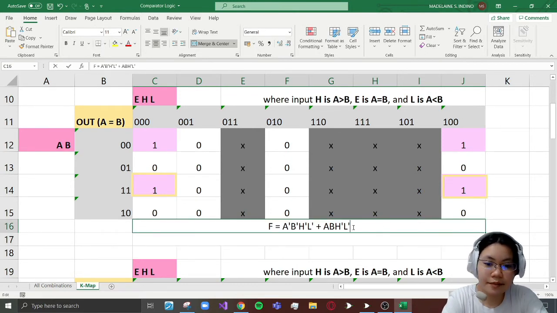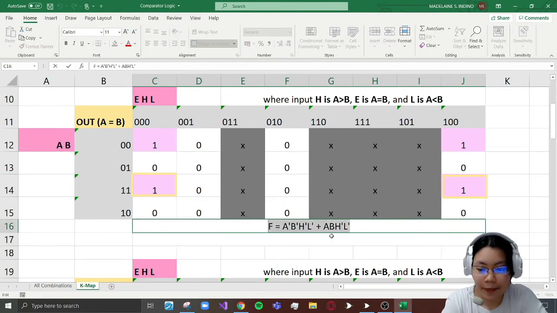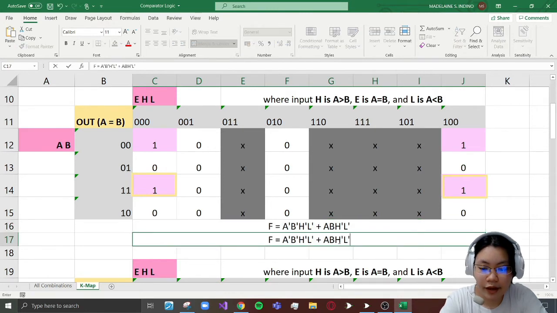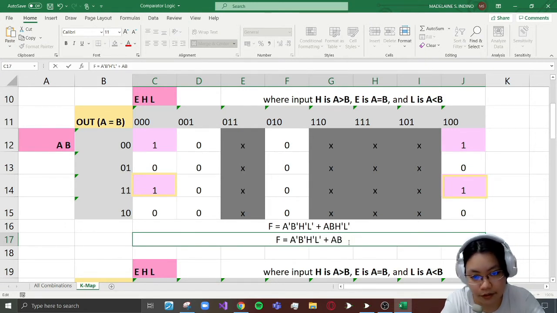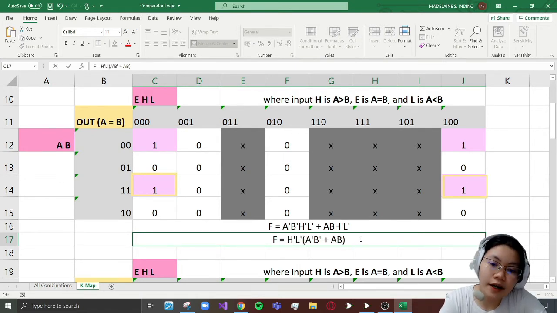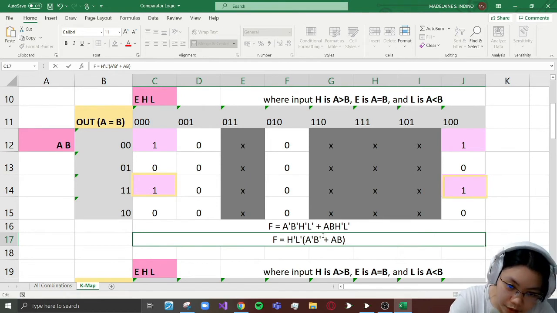However, we can still simplify this. We can factor out H'L' because it is common to our minterms. So let's factor them out. So momentarily, our Boolean expression will look like this.